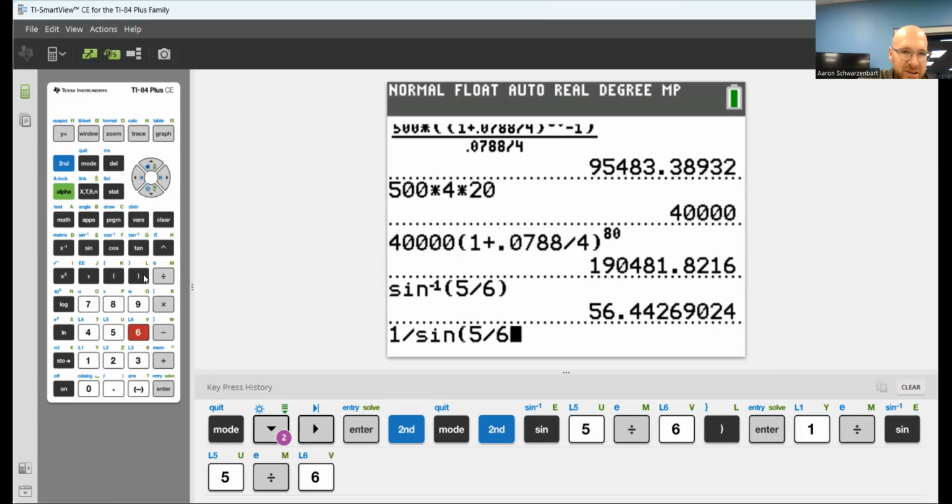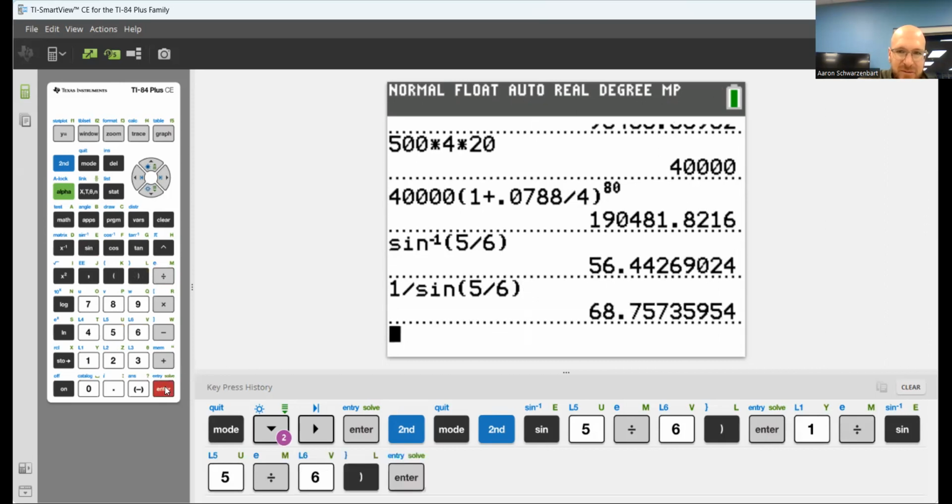And I could compare this. If I wanted to check my answers, I get 68.7. No, that was wrong. 1 divided by sine of, I actually need to use that angle, 56.44. I didn't have the angle before.